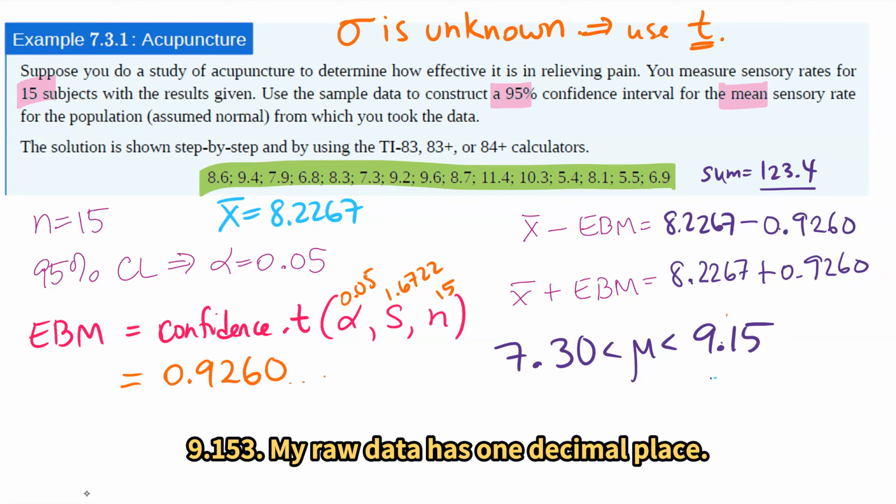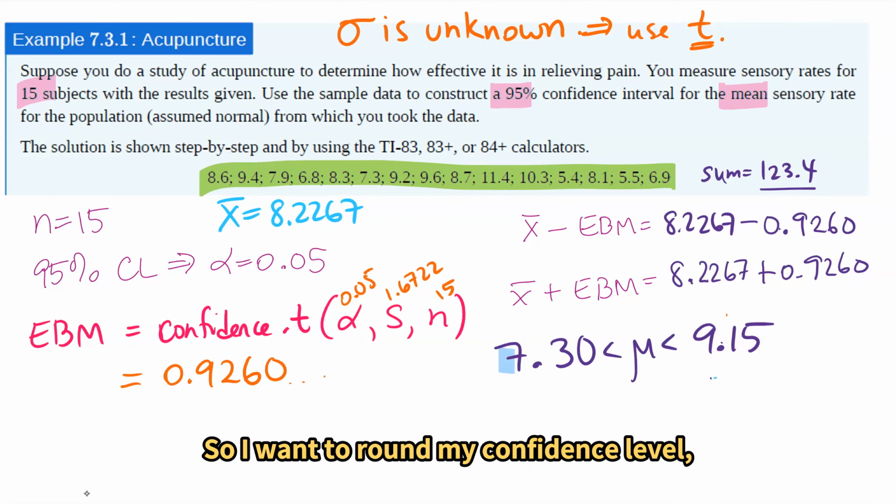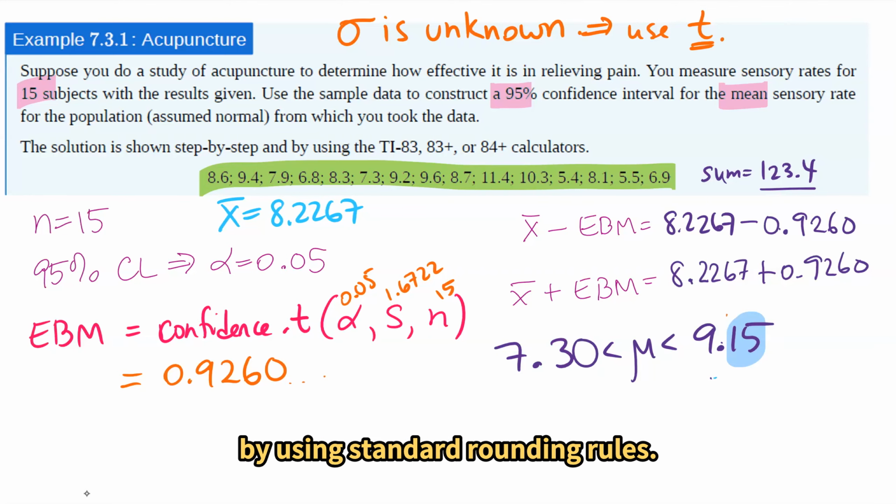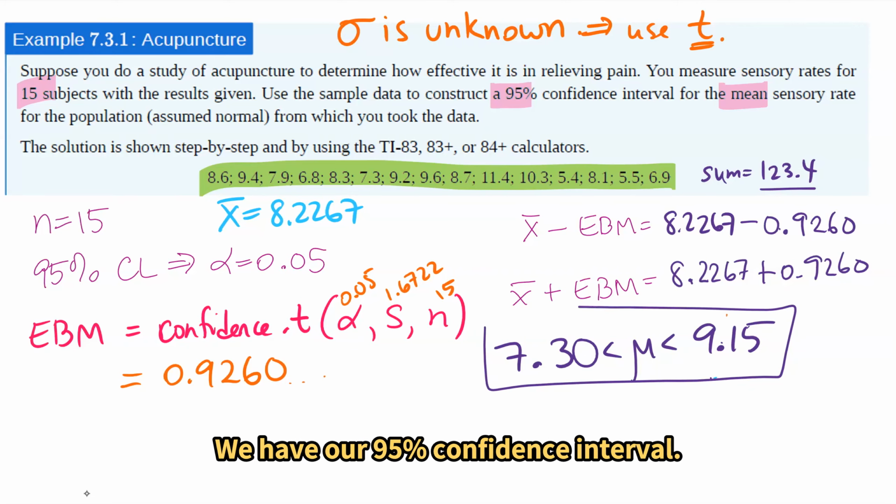My raw data has 1 decimal place, so I want to round my confidence interval to 2 decimal places, 1 more place than the data. And that's what we mean by using standard rounding rules. And we have our 95% confidence interval.